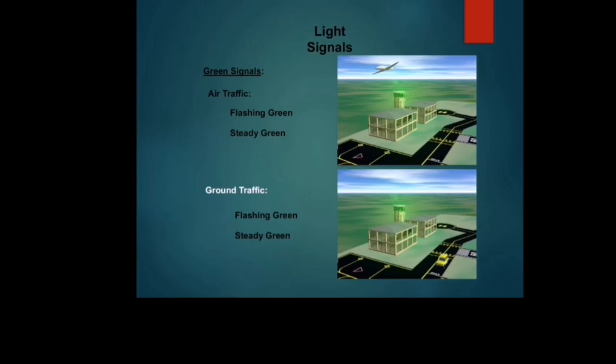Then steady green means clear to land for the aircraft in the air. For ground traffic, flashing green means the aircraft is cleared for taxi, that is, taxi clearance is approved. Steady green means the aircraft is cleared for takeoff, while for a vehicle it means you're cleared to proceed with your ground movements.